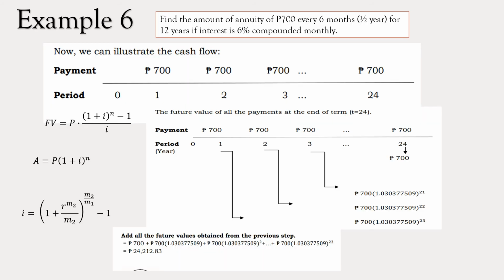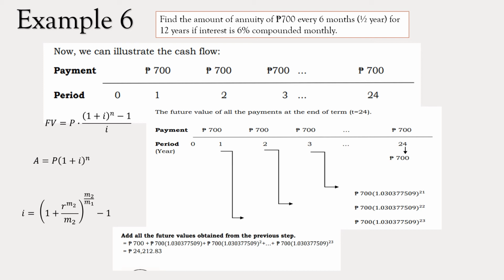So, dito sa example number 6 natin, find the amount of annuity of 700 pesos every 6 months, twice per year, for 12 years if interest rate is 6% compounded monthly. So, again, meron tayong time diagram na ginamit.